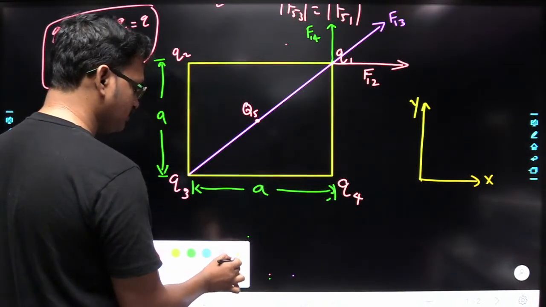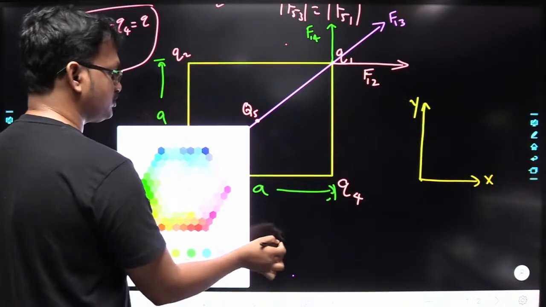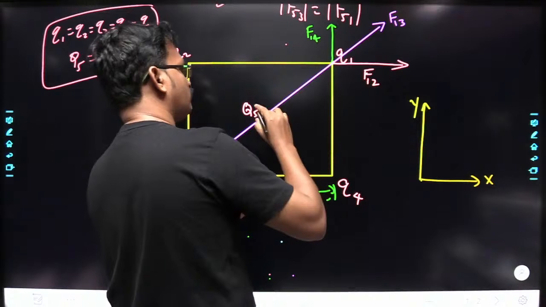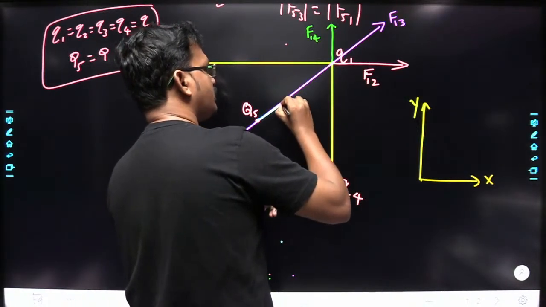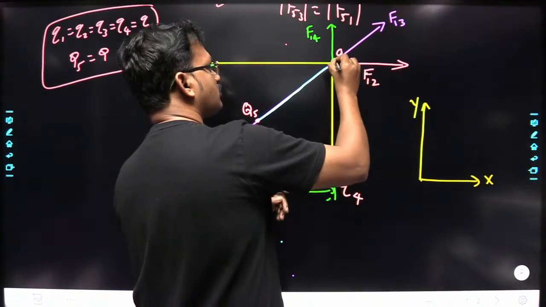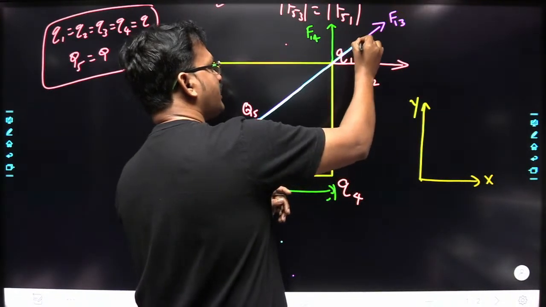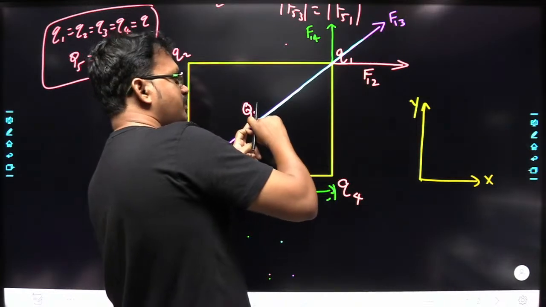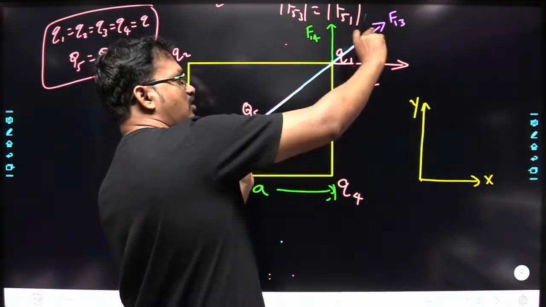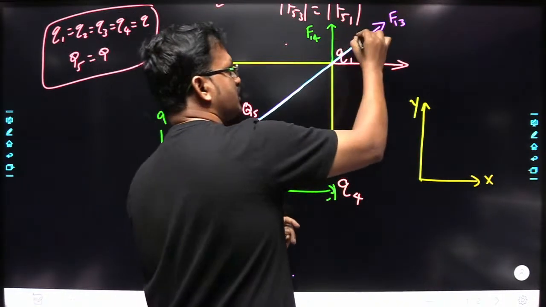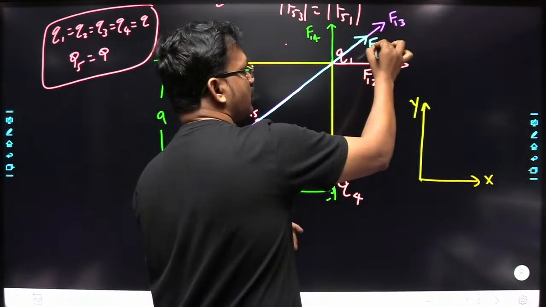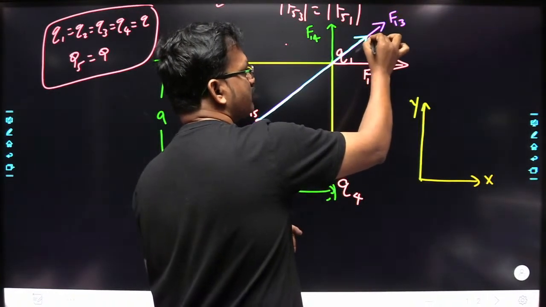The force on Q1 due to Q5 is going to point in the same direction. Yes or no? The force must always be along the line joining the 2 point charges. So that means it will be along F13 only. Yes or no? So let us consider this, the force on 1 due to 5.